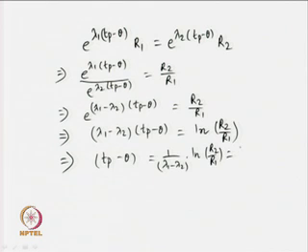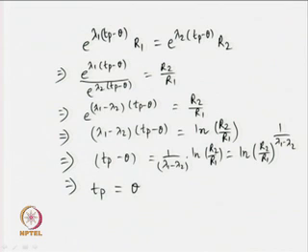Or Tp is equal to theta plus 1 upon (lambda 1 minus lambda 2) times ln of R 2 upon R 1.